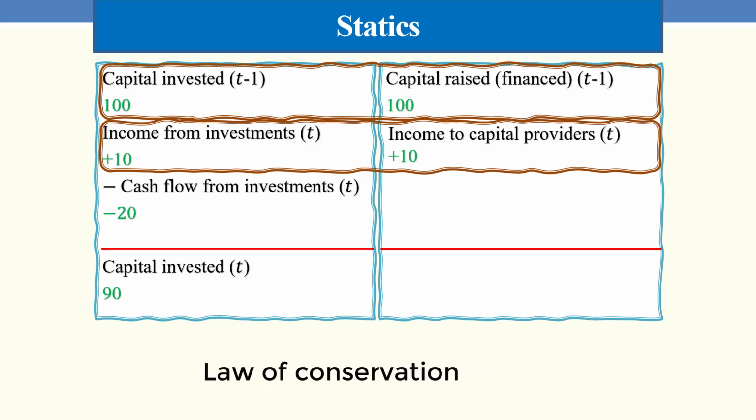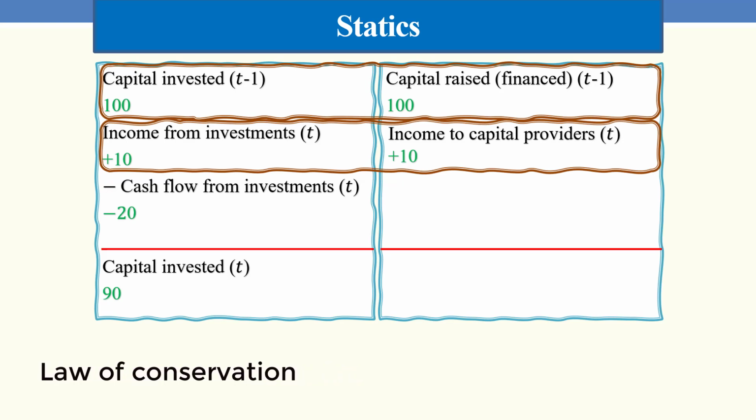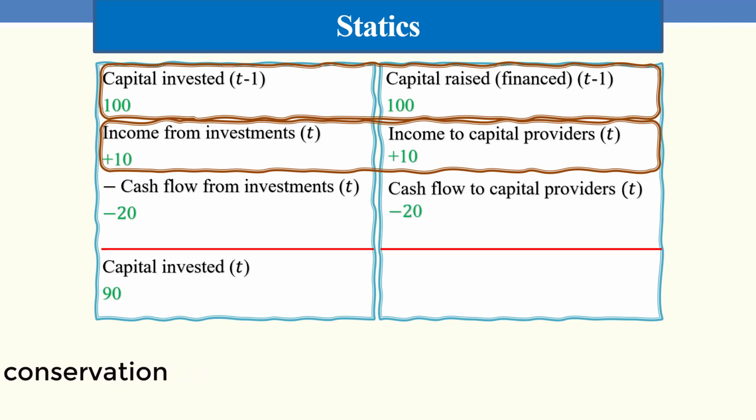Finally, those $20 go out of the firm, thereby reducing the level of the firm's capital, the level of the cistern. But where do those $20 go? Well, they are distributed to capital providers, to the claim holders. Capital providers precisely receive the amount which is subtracted from the firm.